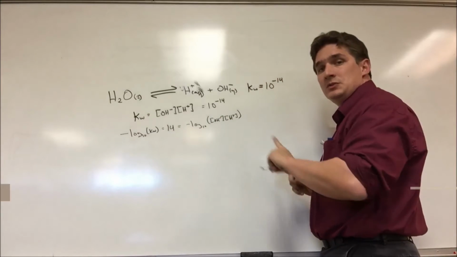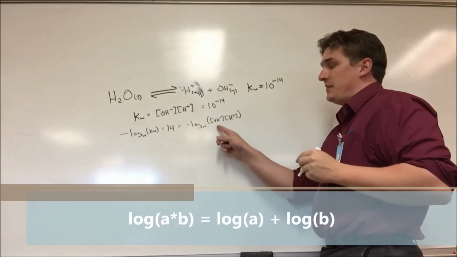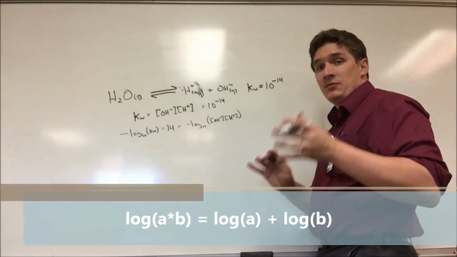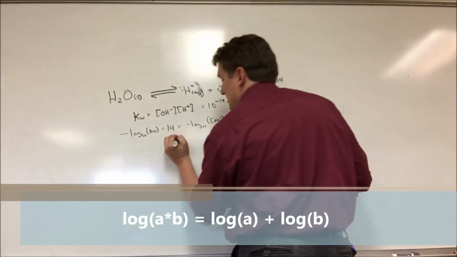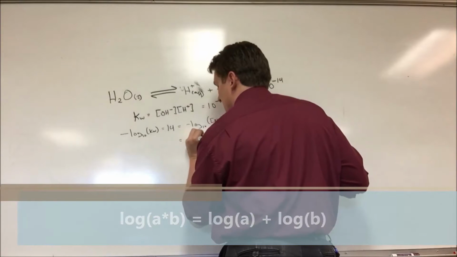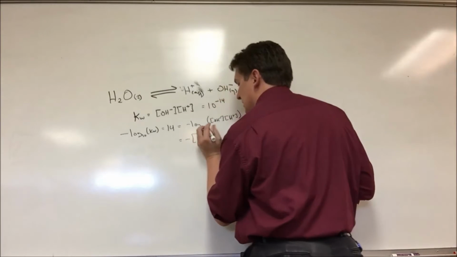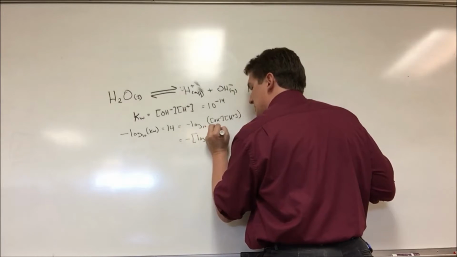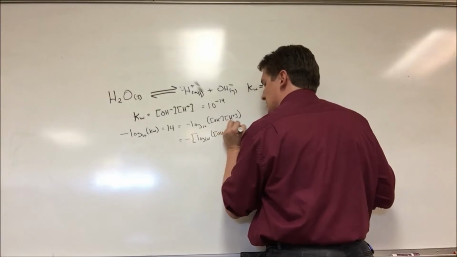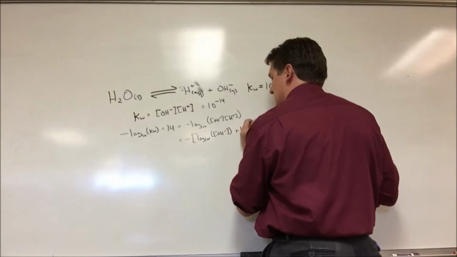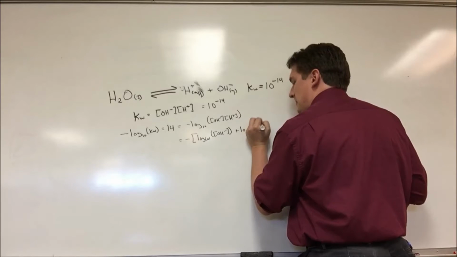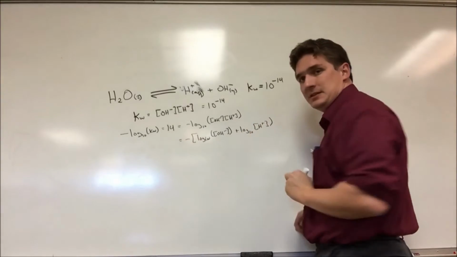And what we're going to do is use a property of logs that says the log of the product of two numbers is just the log of one number plus the log of the other. So it's going to be negative log 10 of the concentration of OH minus plus log 10 of the concentration of H plus.